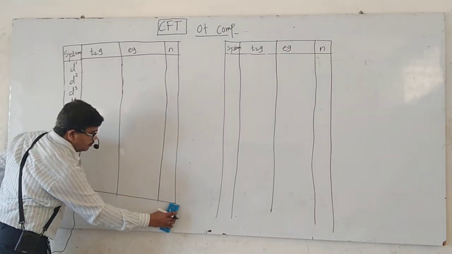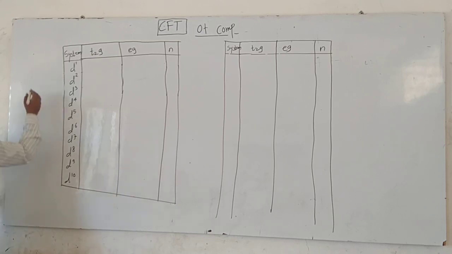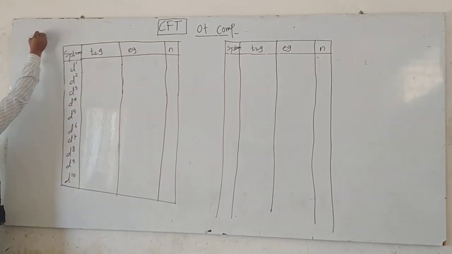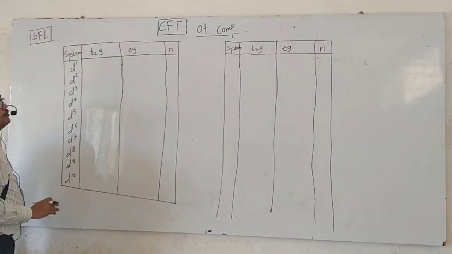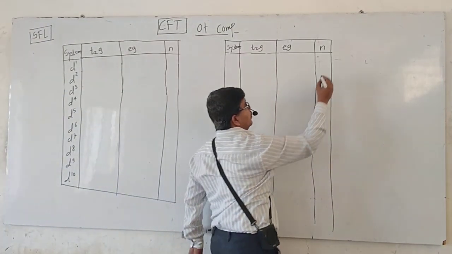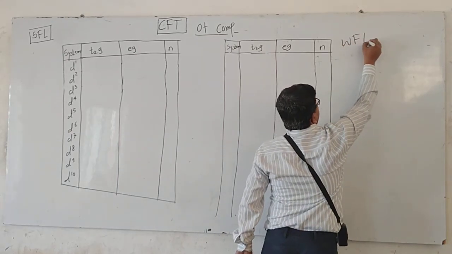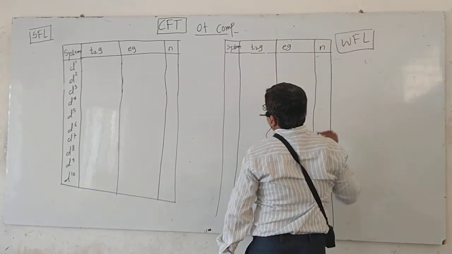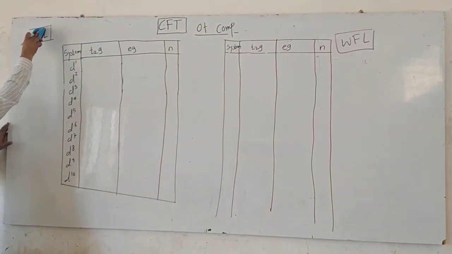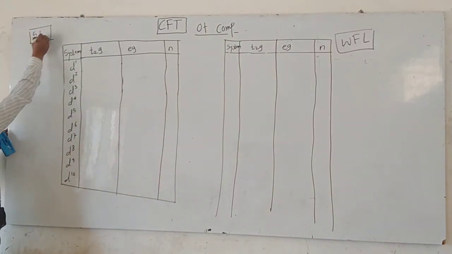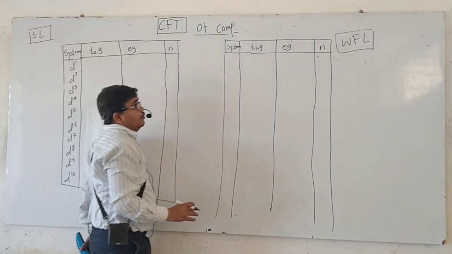So this will be table for strong field ligand. We will make two tables. One is for strong field ligand, another is for weak field ligand. Okay. Or you can simply say strong ligand and weak ligand.